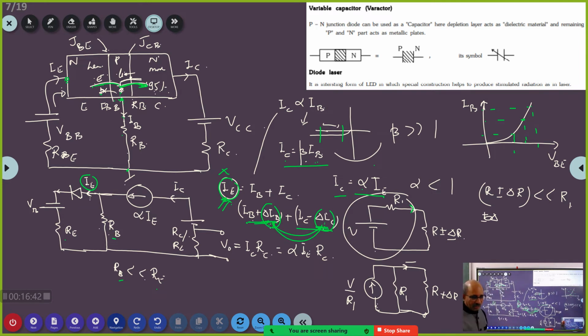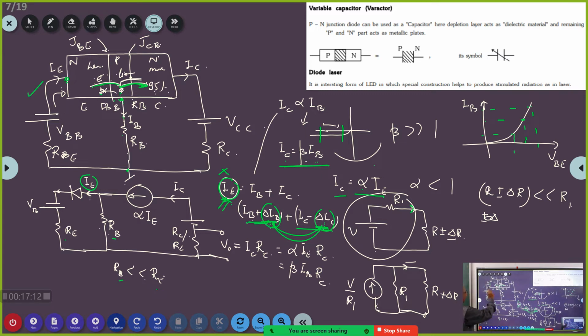It will not be exactly equal. So I can write the output as alpha times IE into RC, or beta times IB into RC. Clear?